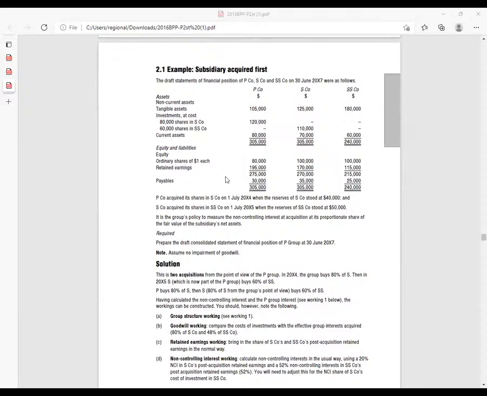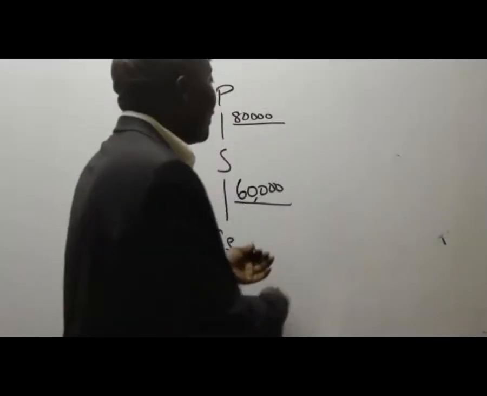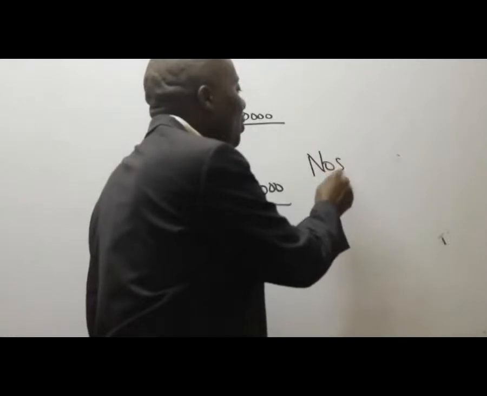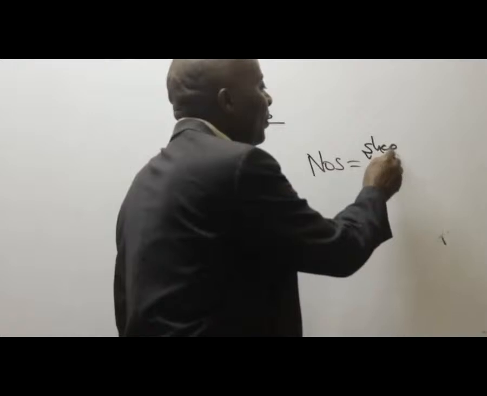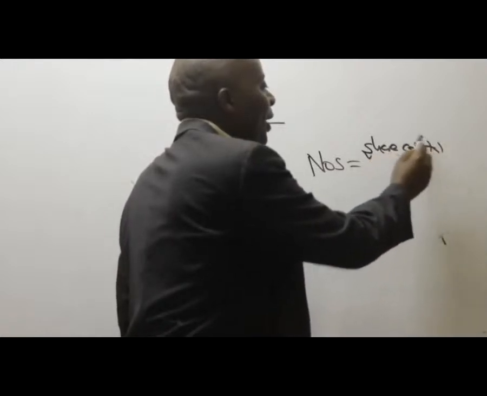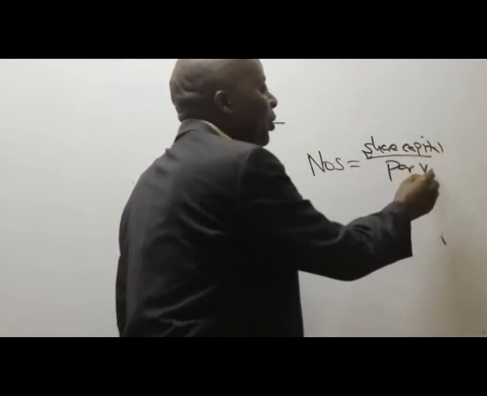I hope you are able to remember that to get the number of ordinary shares, which so many students are not able to do, we normally take the share capital given divided by par value. Please don't forget that.